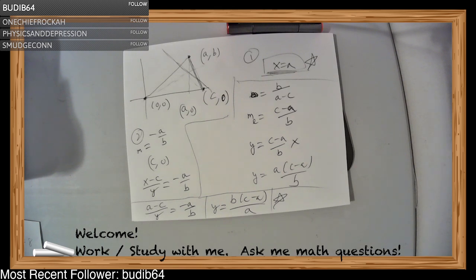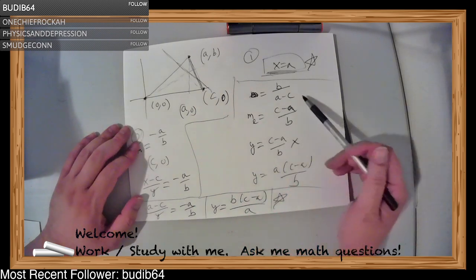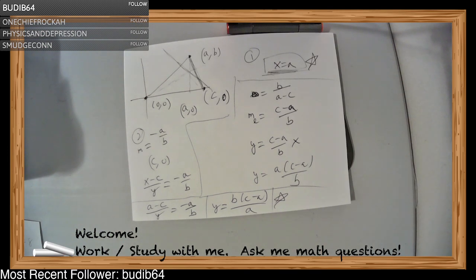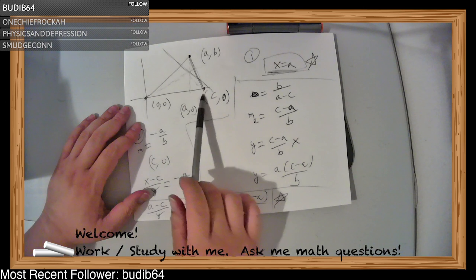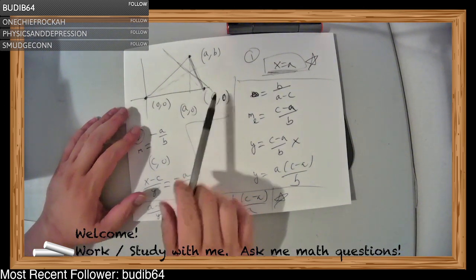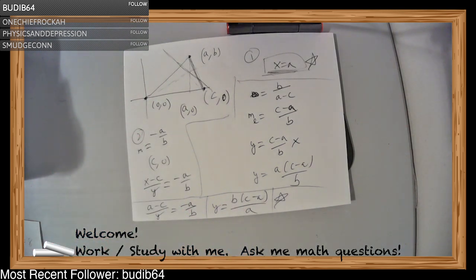What have I done wrong? Okay, so maybe I messed up here. Slope is b over 0. Oh, wait. No. Slope is b minus 0 over a minus c.